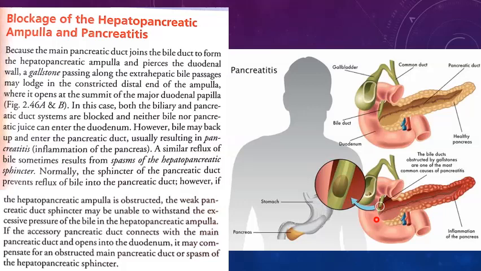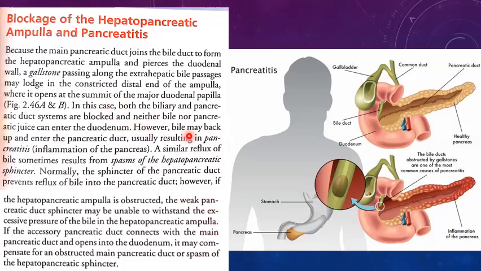One common reason is a gallstone passing along the extrahepatic bile passages. So that gallstone may lodge in the constricted distal end where the ampulla of Vater opens onto the duodenum, that is a little constricted. So the stone can cause a blockage of that constricted area.